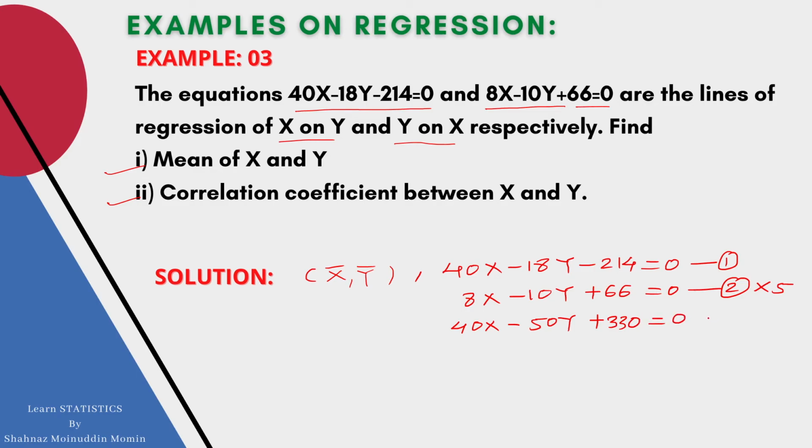Now let us call it equation number 3. Now we will solve equations 1 and 3 simultaneously. So let me write these equations again: 40x minus 18y minus 214 equal to 0, equation 1.